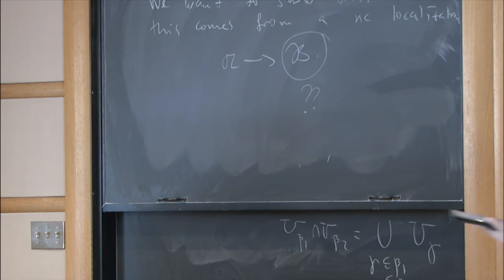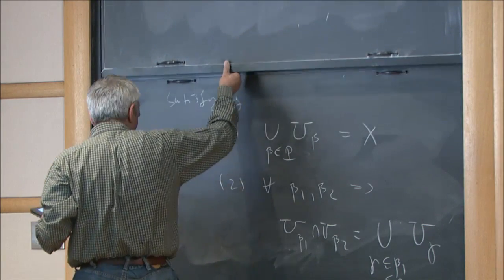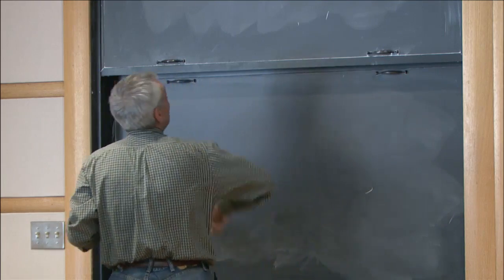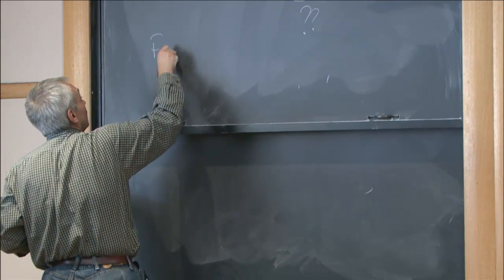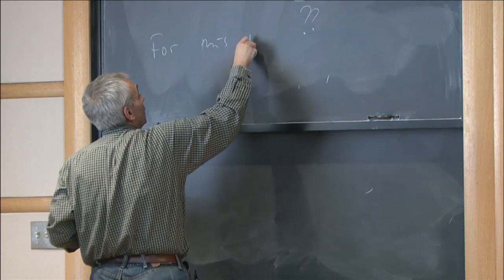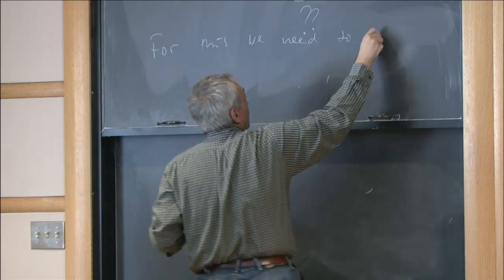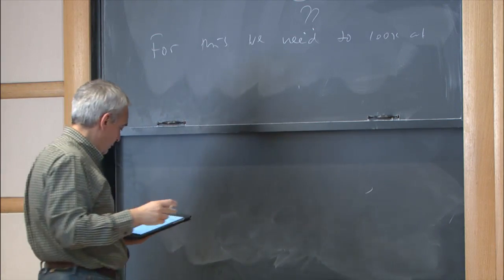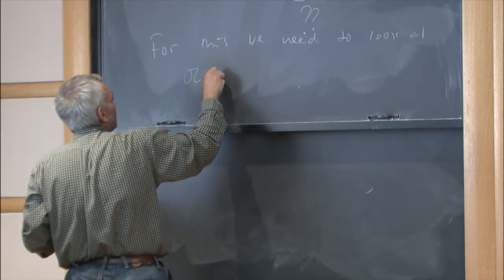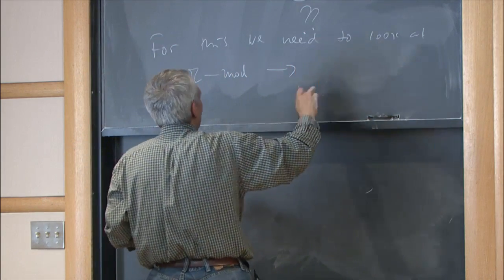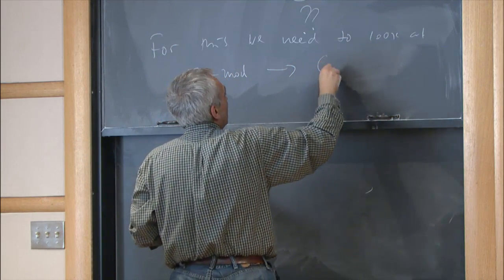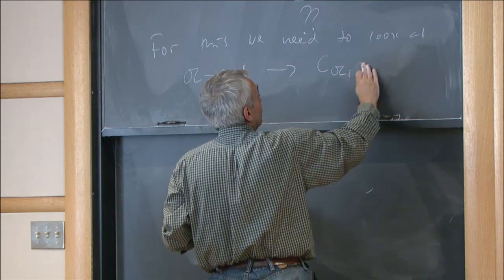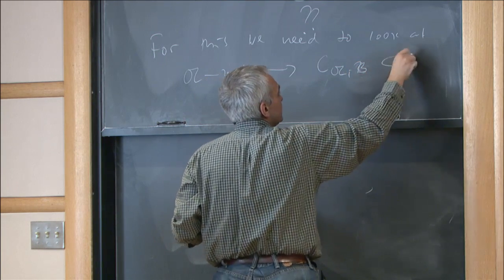And for this, you really need to construct a natural map going from A modules, which is a right adjoint, goes from A modules to CAB sitting inside A modules.